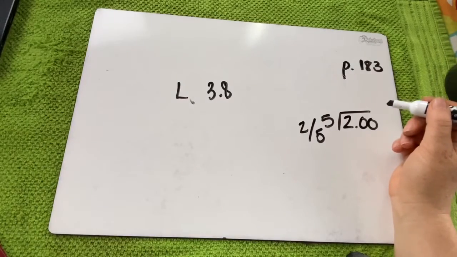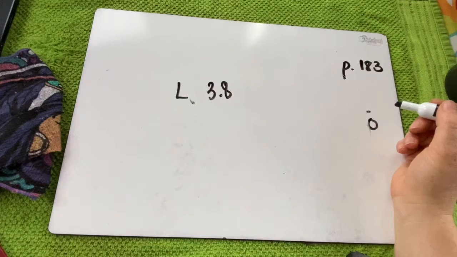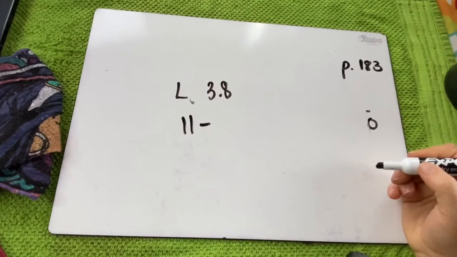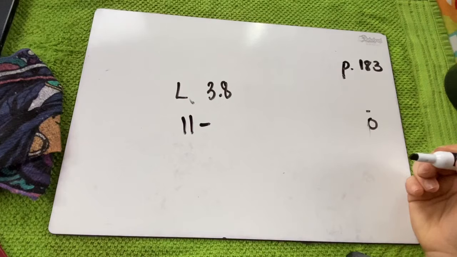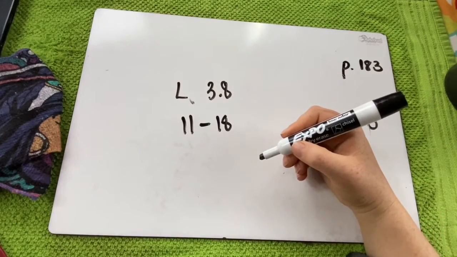Okay. So make sure you do that on those ones. Okay, so 1, 2, 3, 4. It's going to be 11 through, and you divide on the second part. 11 through 18. I'm skipping 19.